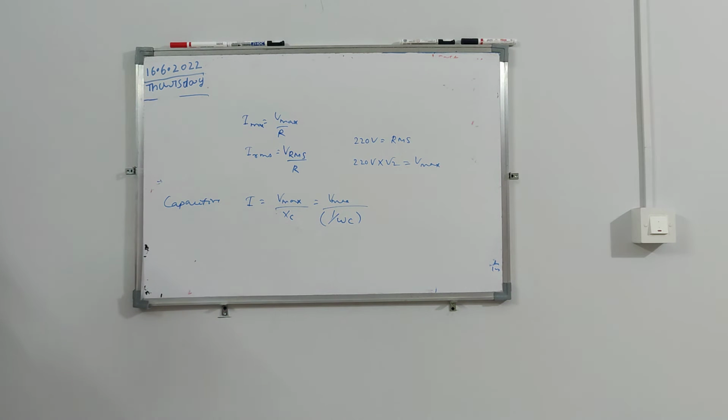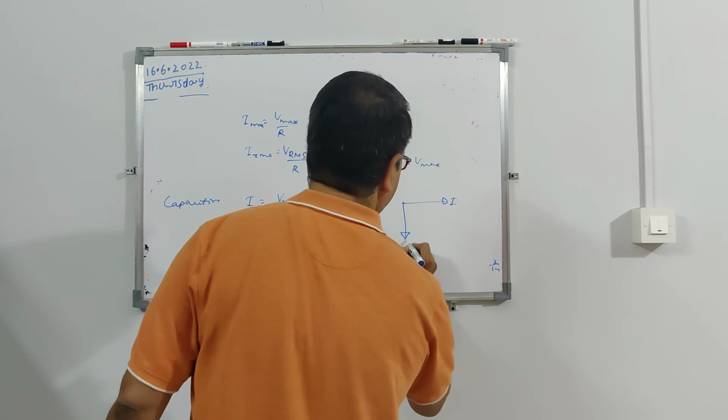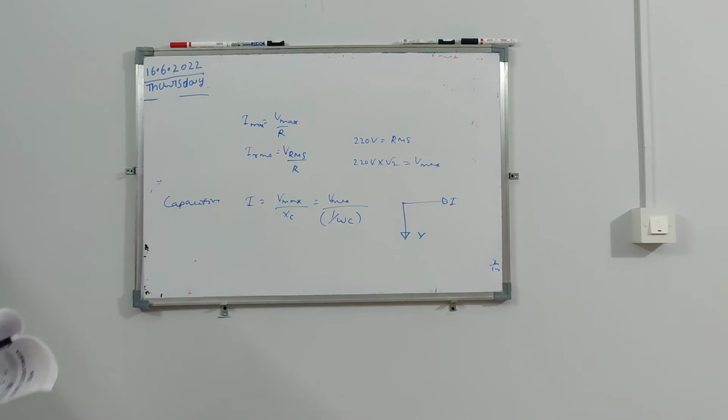And in a capacitive circuit, voltage lags. So if this is your current, this is your voltage, lagging. This is for a capacitive circuit.